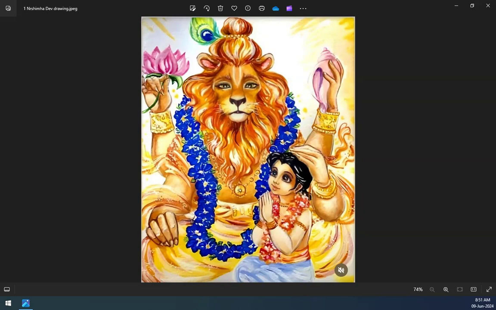Moha means illusion of bodily attachment, family and nationality.